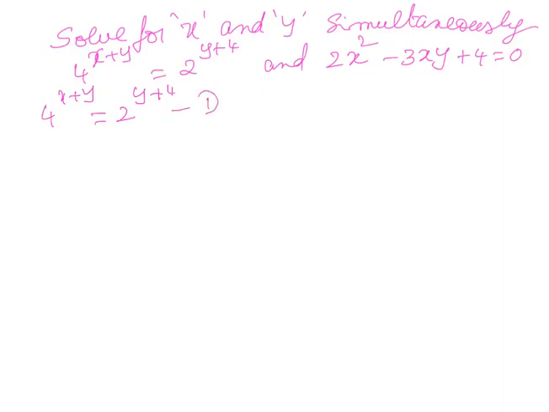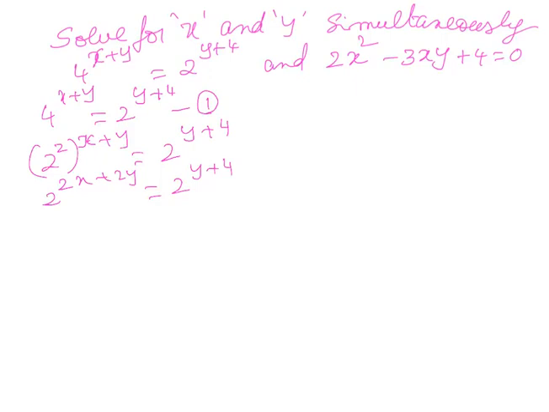For the first equation, I will have to find an equation in x and y, so I'll apply the laws of exponents here. 4 is 2 to the power of 2. I try to make equal bases on both the left hand side and the right hand side. So I got 2 to the power of 2x plus 2y is equal to 2 to the power of y plus 4.